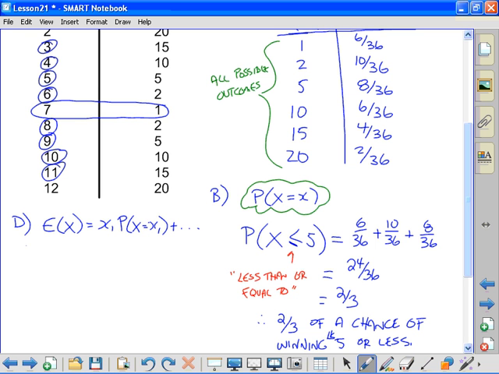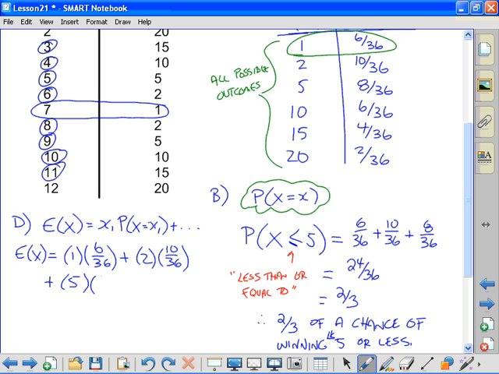So what it turns out to be, the expected value will equal, we take the first value, the 1, and we multiply it with its probability. So 1 multiplied by 6/36, plus, and you move down the chart, 2 times 10/36, plus 5 times 8/36, plus 10 times 6/36, and so on.